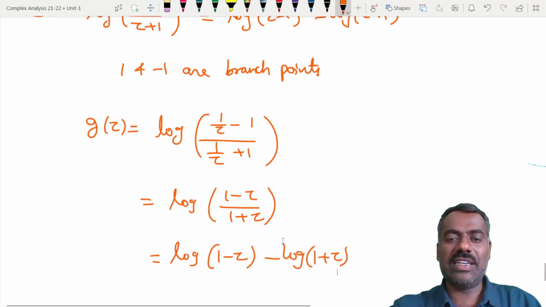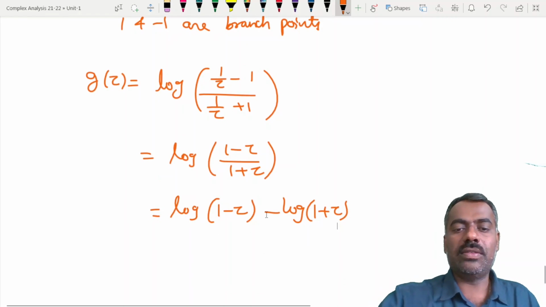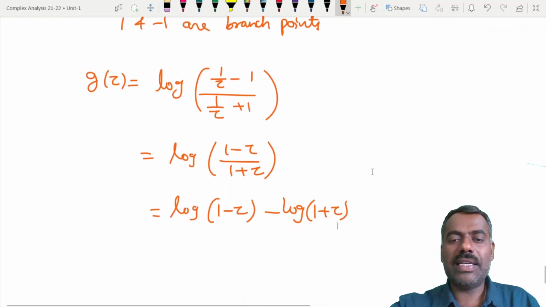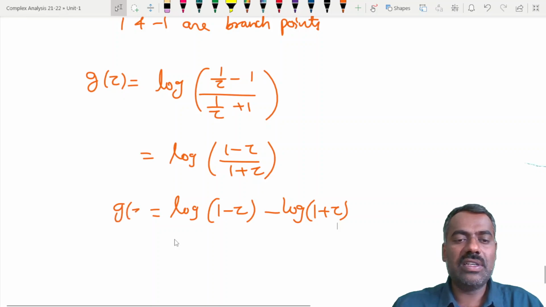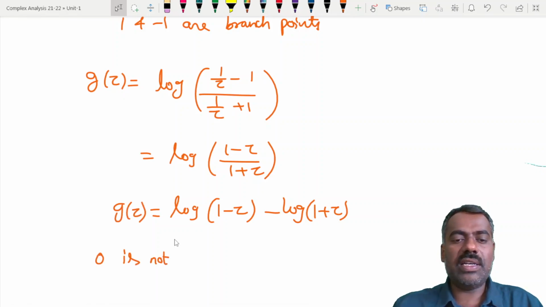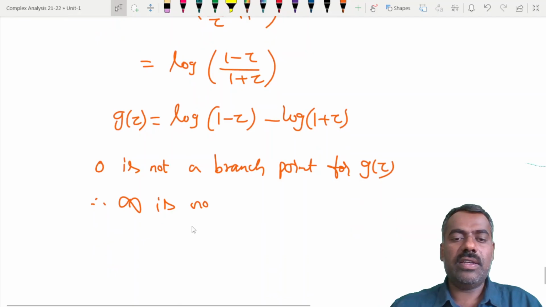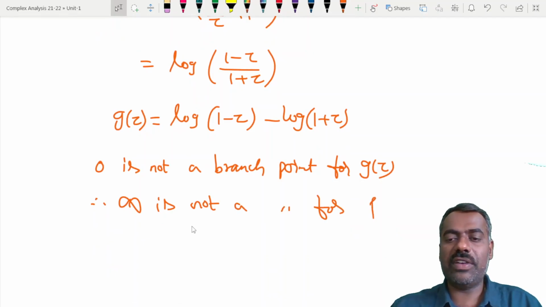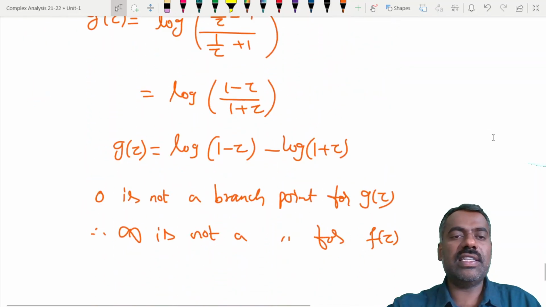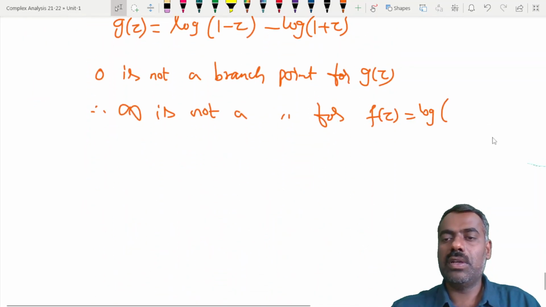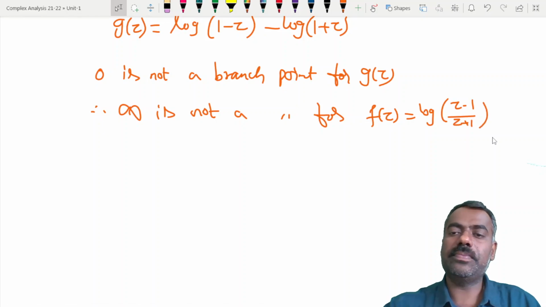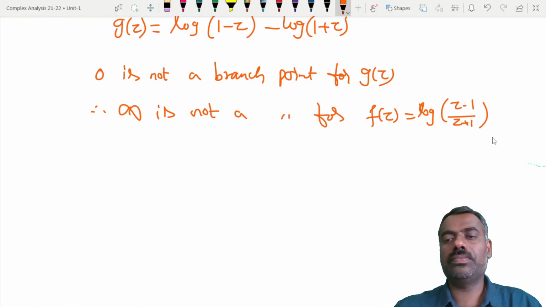Now for this new function, the branch points are 1 and minus 1. So 0 is not a branch point for g of z. Therefore infinity is not a branch point for our given f of z, which is log of (z minus 1) upon (z plus 1). Is this clear?